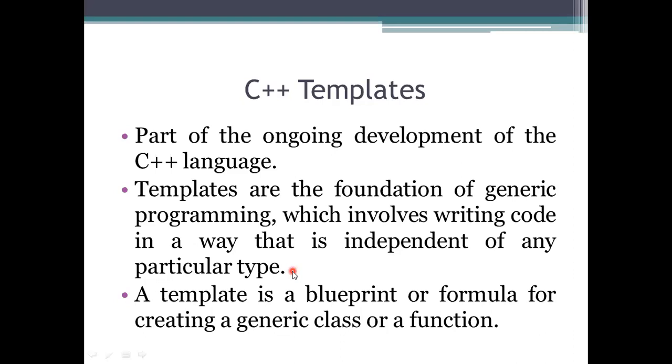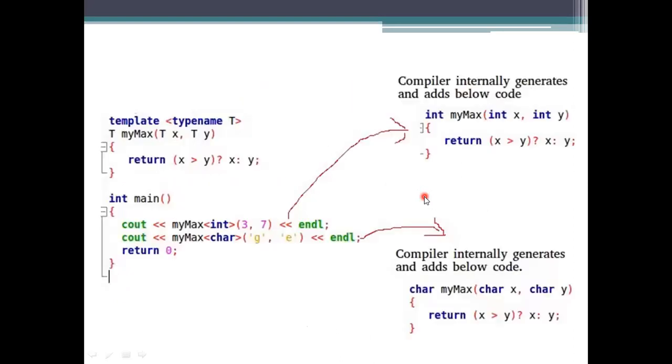If we go for an example, see here we have an example. Here I want to find the maximum number. I am not specifying any type, or any numerical or character representations here.